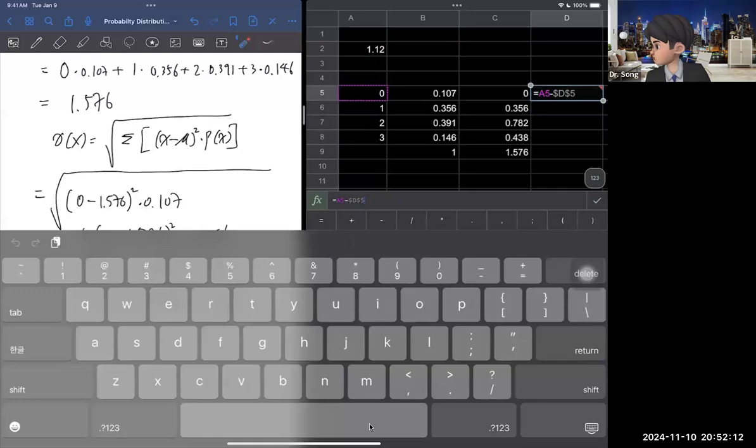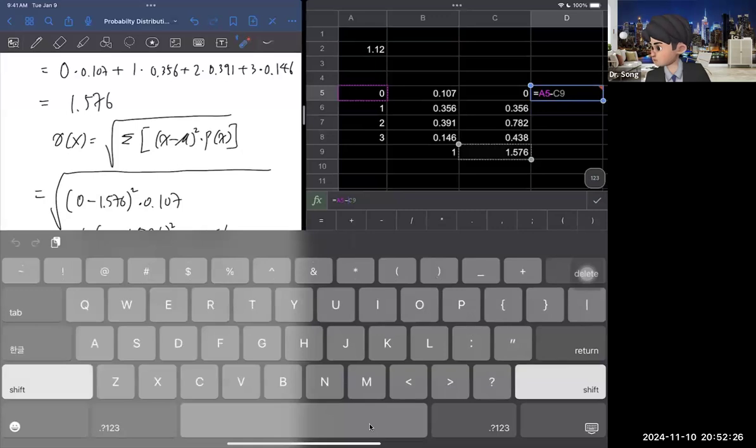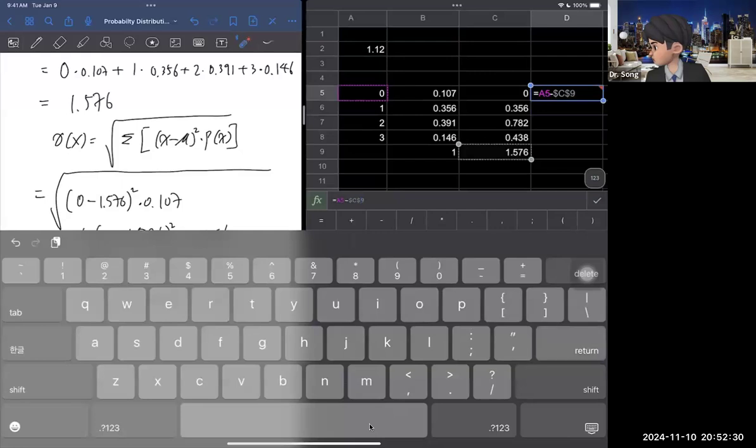Oh, wait a second. It's not the D cell. This one is a C. I chose a wrong cell. So A5 minus 1.576, that's the C9 cell. So I put the dollar sign before and after C, like this. Then I basically fix this C9 cell.